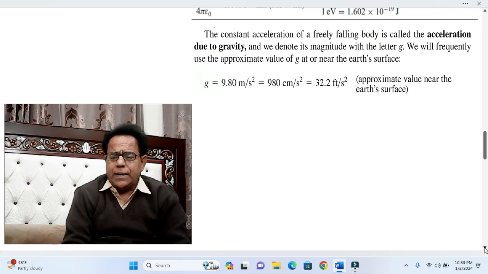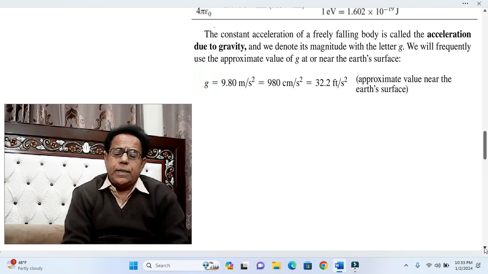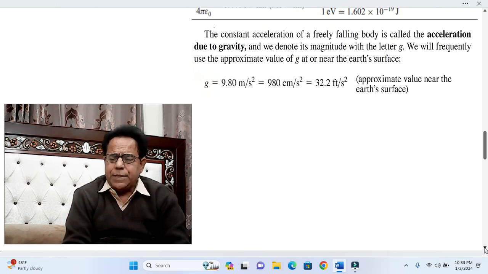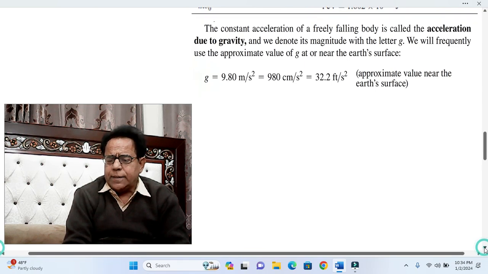Centi means one hundredth part. Equivalently, it is 32.2 feet per second squared, an approximate value near the Earth's surface.